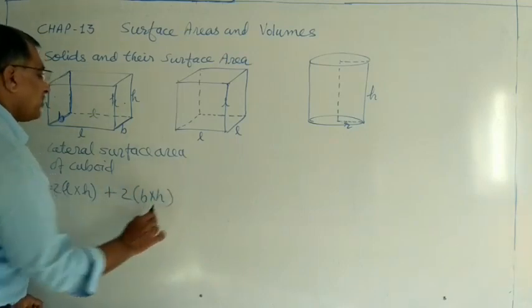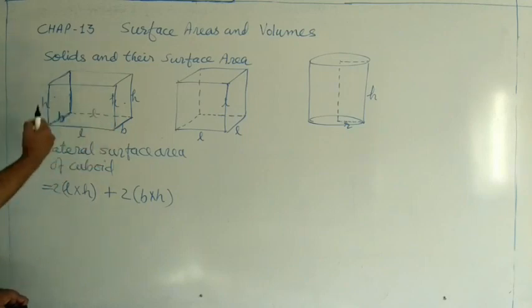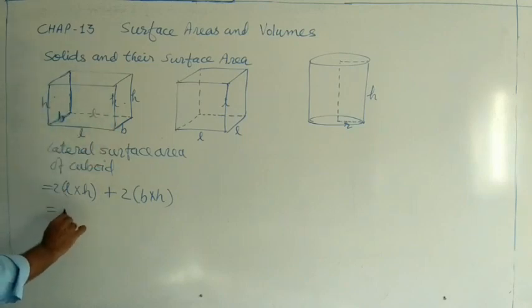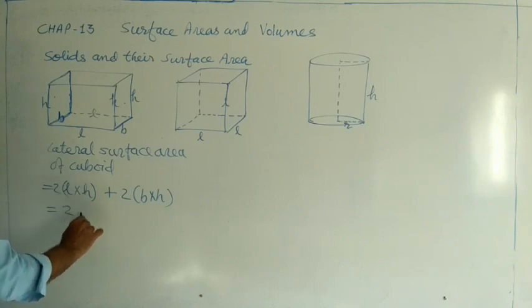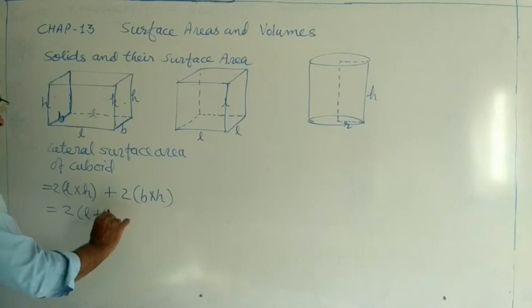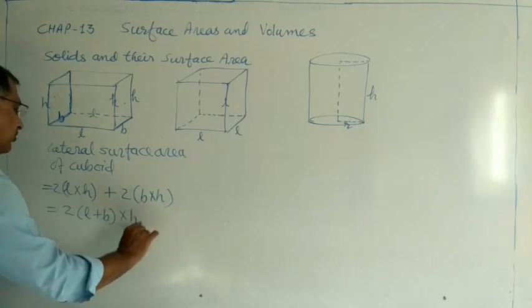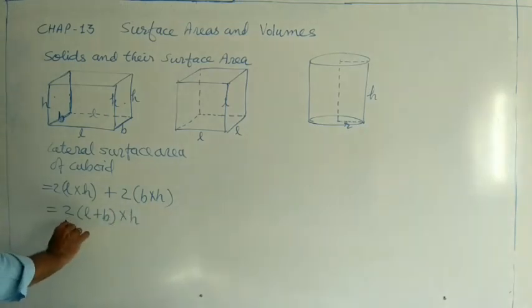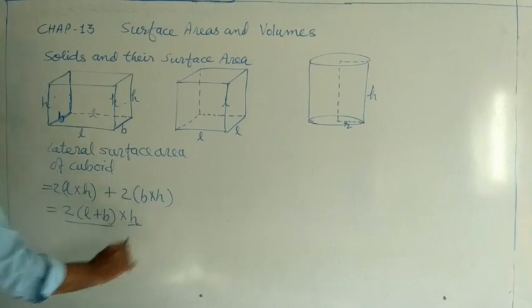That means here we got the area of 4 surfaces, so that is equal to 2 times, 2 common, then length plus breadth, and height also common. So we get 2 times length plus breadth multiplied by height.